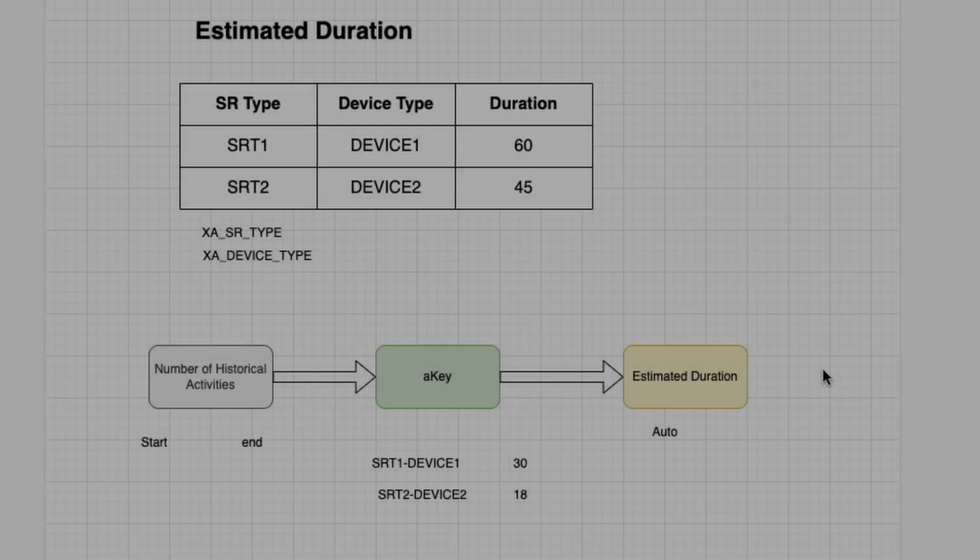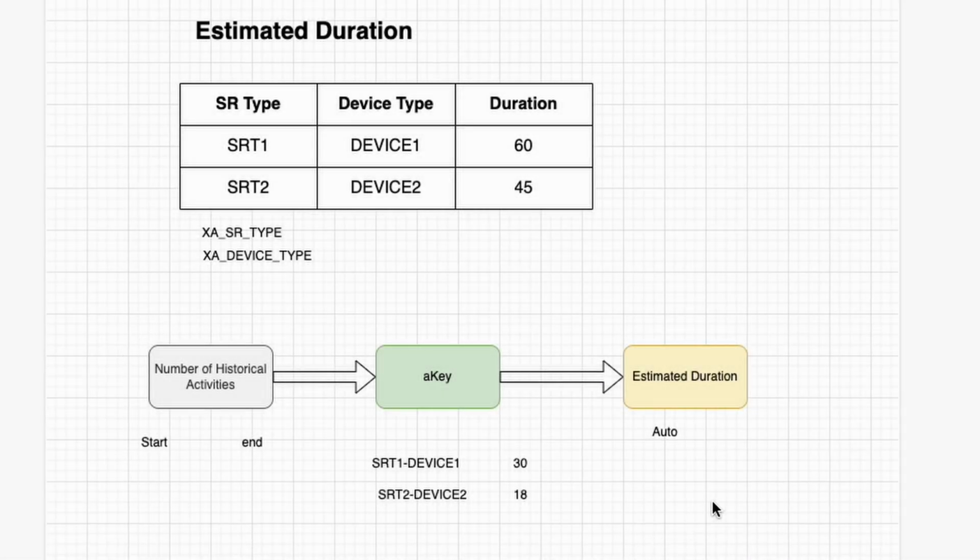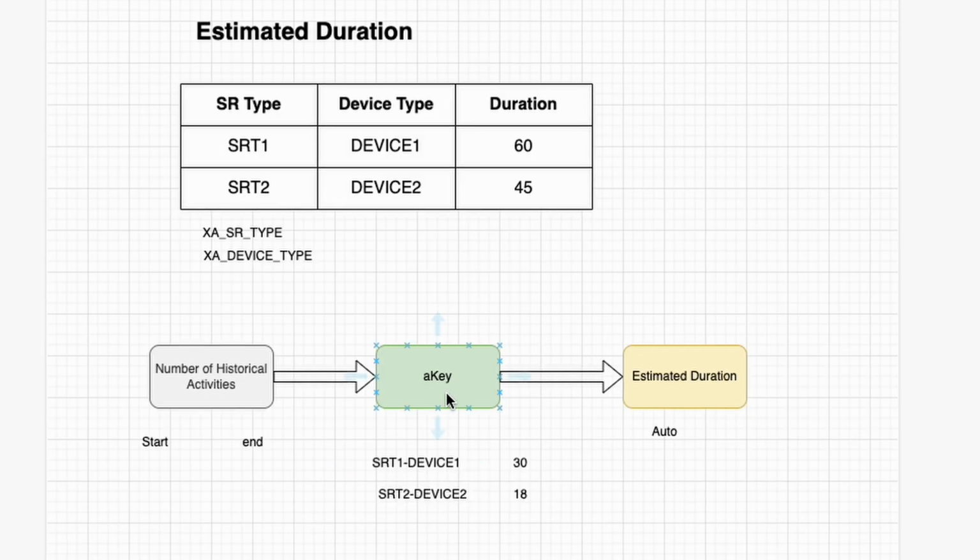Now let me explain how statistic works and how it estimates the duration. Suppose I have a key SR type and device type. So we have a number of historical activities and their durations. Based on this key, SR T1 and device 1, Oracle Field Service has calculated an estimated duration of 30.